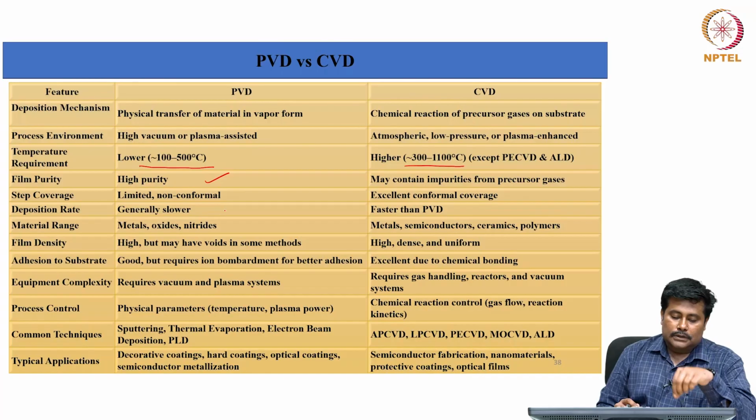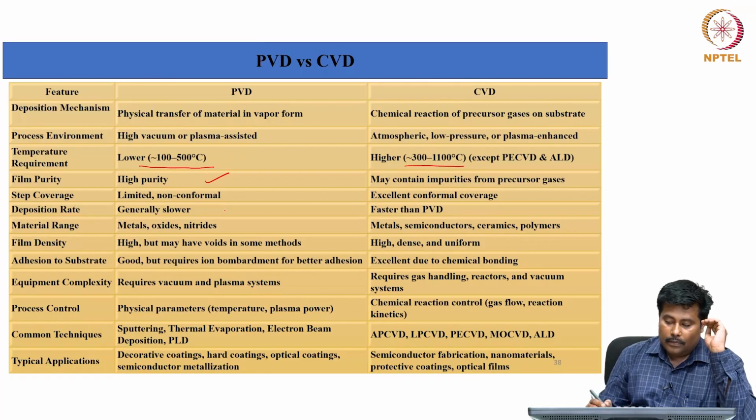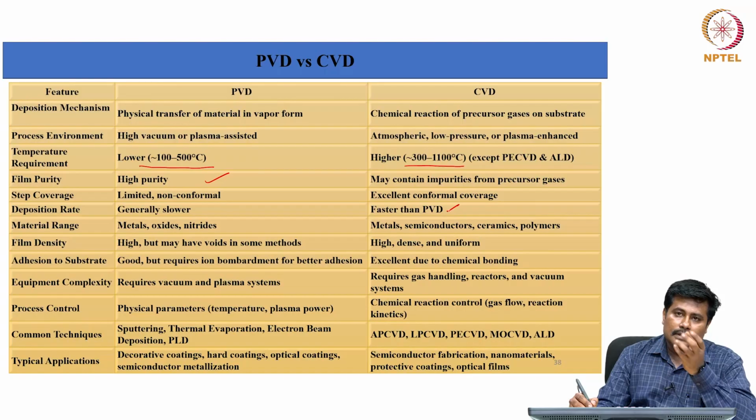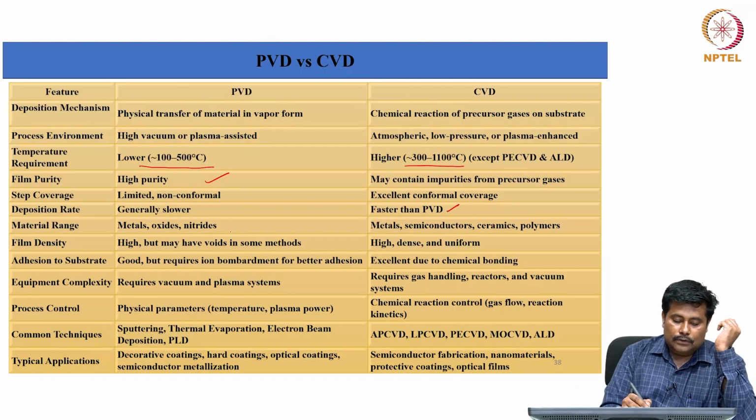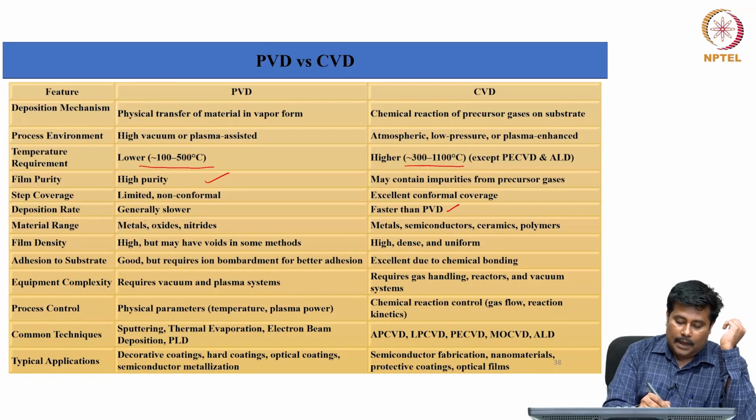With reference to deposition rate, PVD is generally slower, whereas the CVD process is much faster compared to the PVD process.